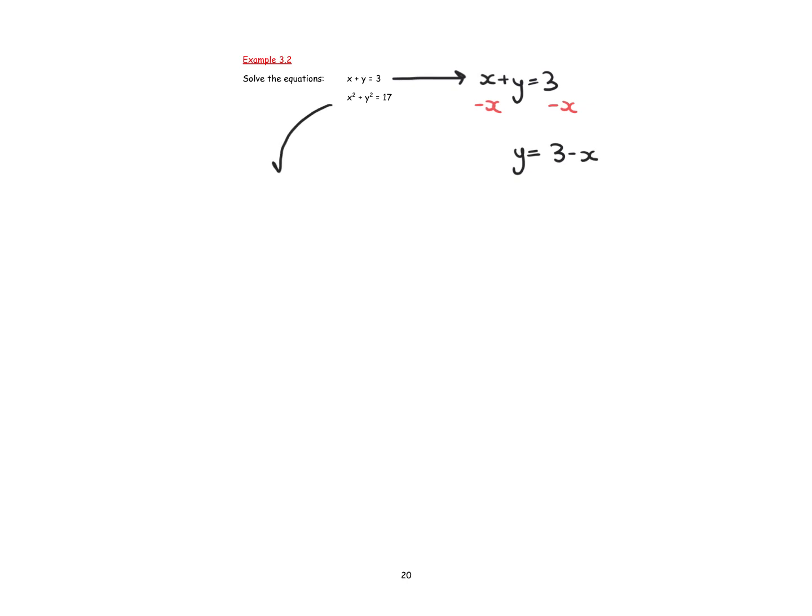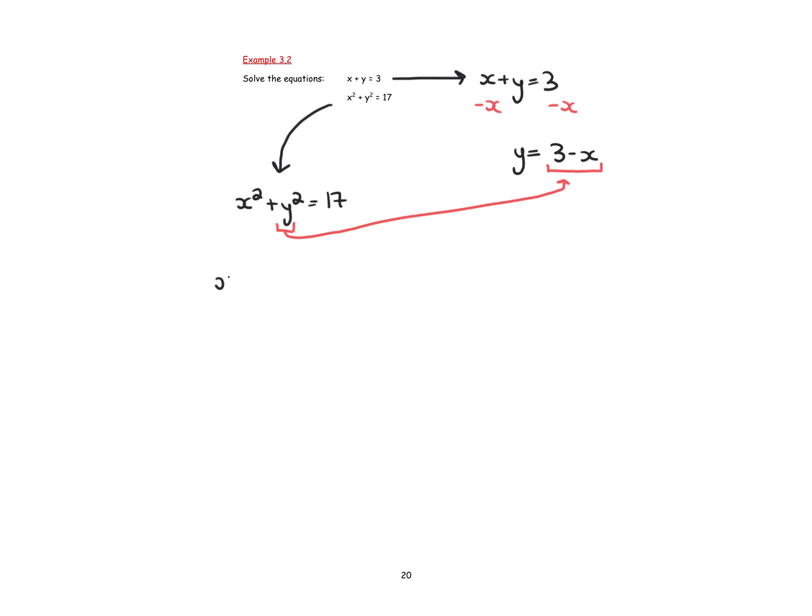Taking the quadratic equation then, we have x squared plus y squared is equal to 17. We now know that y is equal to 3 minus x. So I'm going to replace this y with what we know it is, which is 3 minus x.